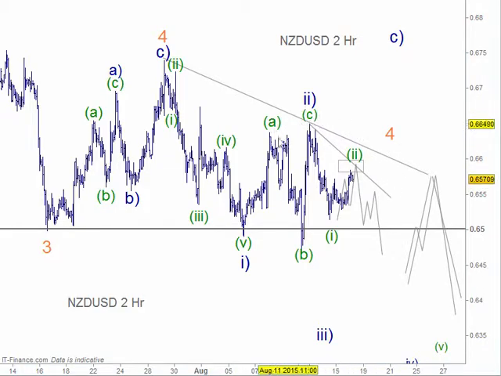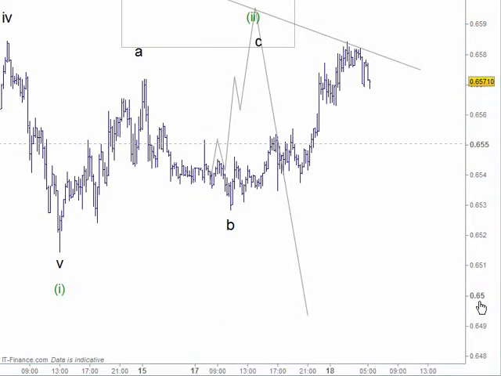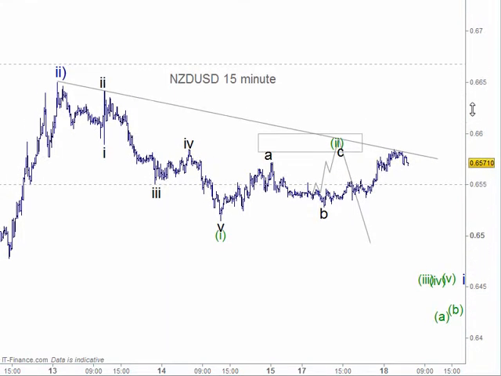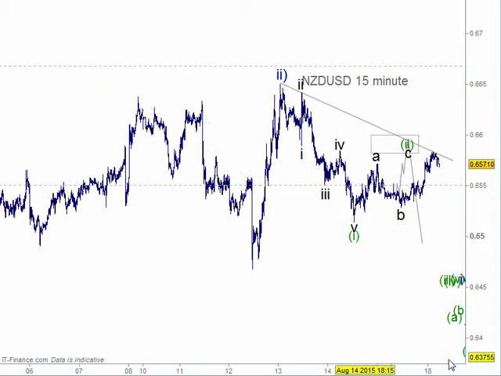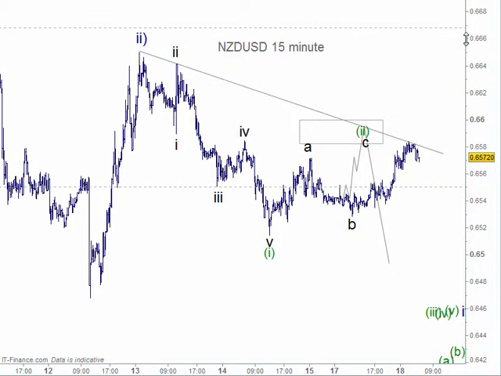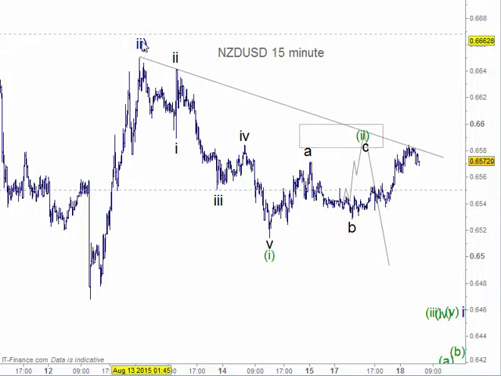But this little bit here does interest me. So on the 15-minute chart, I just want to drill in here. We went over this yesterday or the day before. So just considering this wave 2 here, we'd counted 1, 2, 3, 4 and 5 down here, and yesterday we were looking for an A wave and a B wave and a C wave in 5 waves up into this box area here, and that's playing out quite nicely.